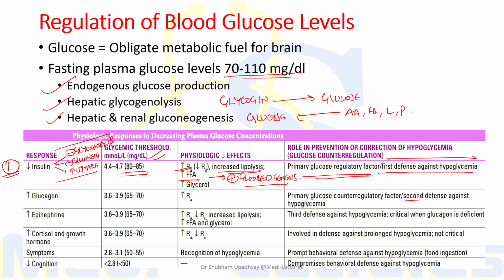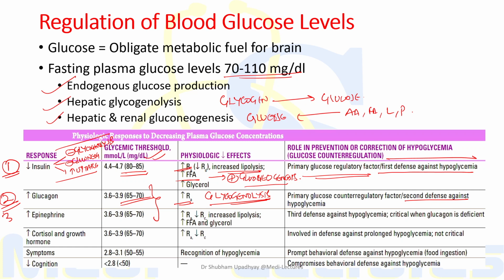Now the second defense is an increase in glucagon. This acts only on the liver, increasing glycogenolysis, and its levels start increasing when the blood glucose levels become 65 to 70. So at 65 to 70, two mechanisms start: increase in glucagon and increase in epinephrine.